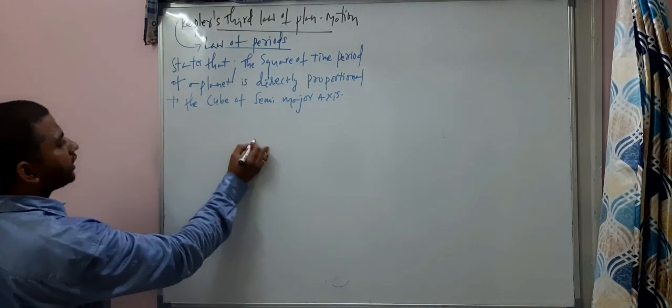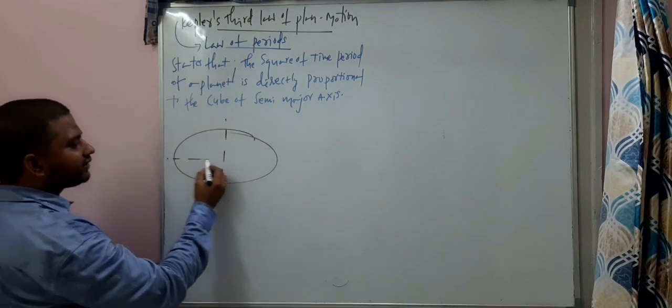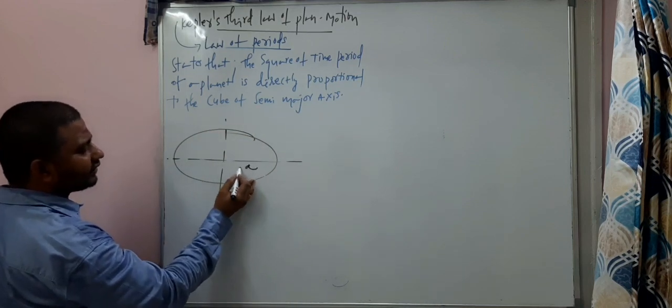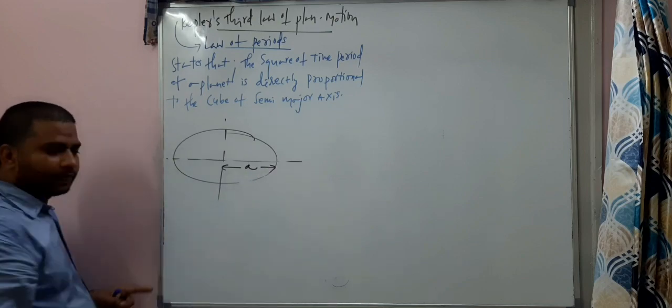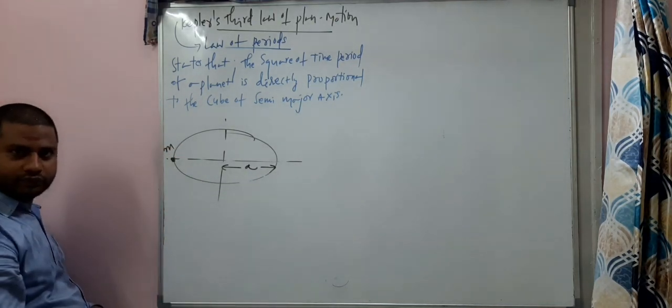Imagine a situation here, and this is the ellipse we have, and this is the minor axis and major axis. Semi major axis, and this is A. Imagine the planet is moving from here.